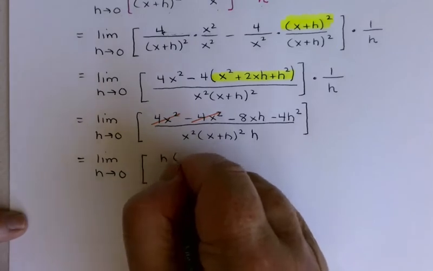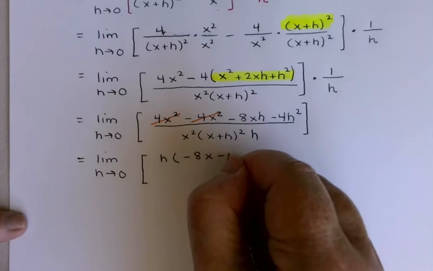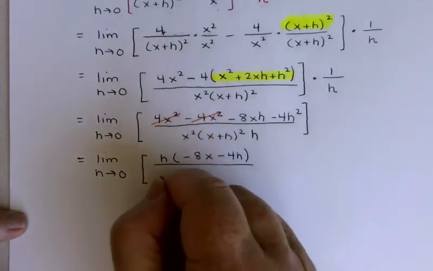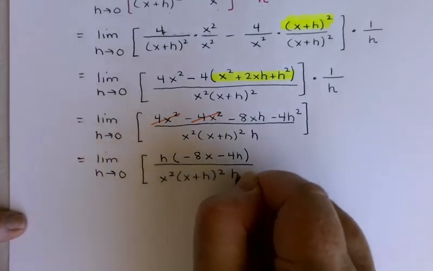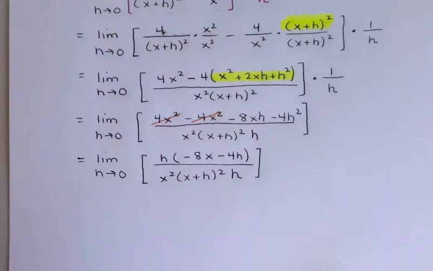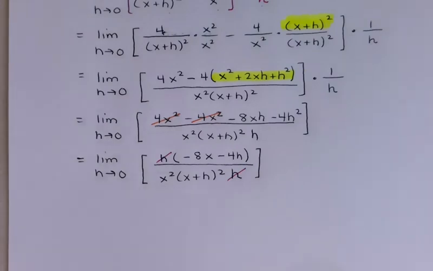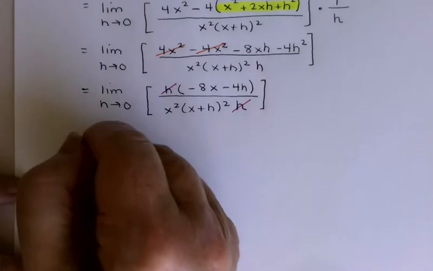So factoring out the h from the numerator leaves -8x minus 4h. And now, since I have a fully factored form, I can divide those h's, which should get rid of the problem, because I no longer have a factor that goes to 0 in the denominator.